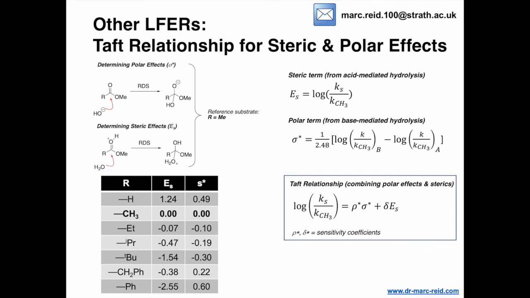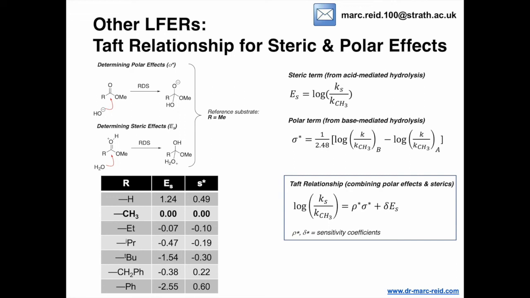Turning to the equations on the right, you can see how the steric term E subscript S is defined, with the rate of base-mediated ester hydrolysis for R equals methyl serving as the reference reaction.